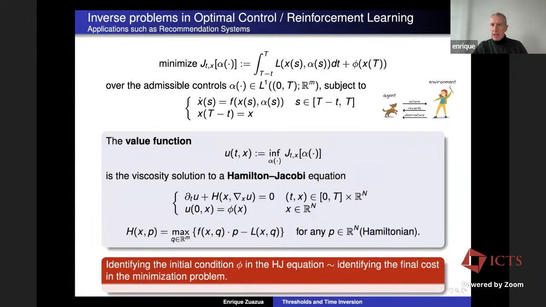The same can be said if we are offered a new cell phone. I mean, yes, it comes with plenty of instructions, but this is not the way we do it. We just turn it on and we enter our PIN and we start operating, and then we learn while we play. So reinforcement learning is about solving simultaneously the inverse problem and the control problem.